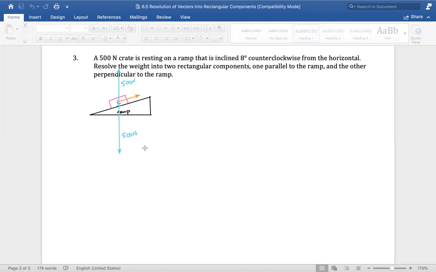Okay. And there is also another force that's perpendicular to the ramp. So what is the force that's perpendicular to the ramp? We call that the normal force. So let's draw in our perpendicular to the ramp. Perpendicular to the ramp would also be perpendicular to this friction vector, right? So just trying to draw 90 degrees from there.